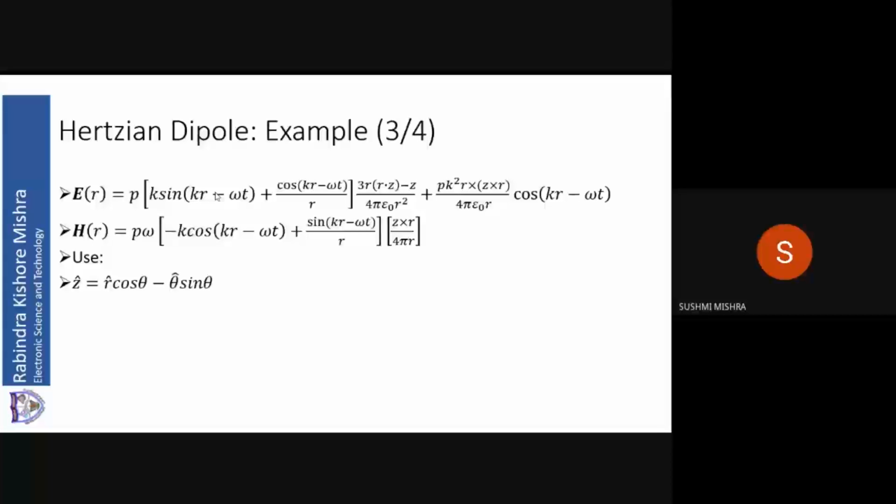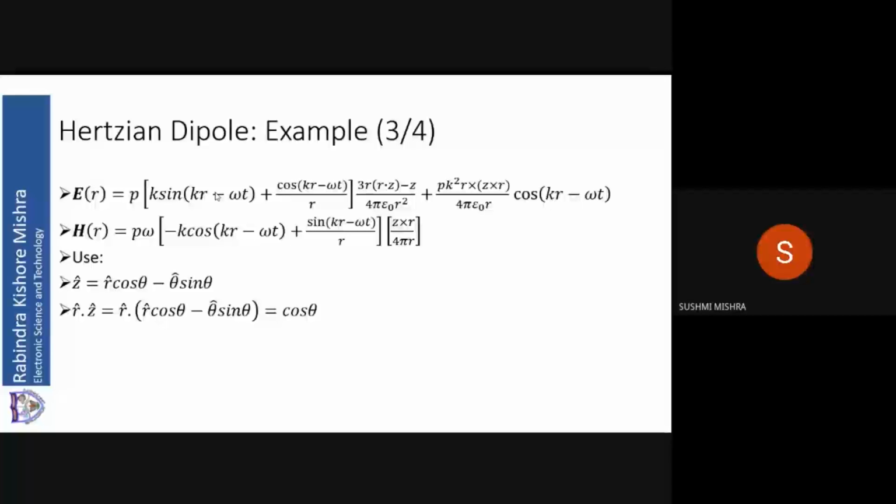Along theta, you will get the sin theta component, but here it will be in the negative direction because the theta cap is directed towards the xy plane. So you will get z cap is equal to r cap cos theta minus theta cap sin theta.